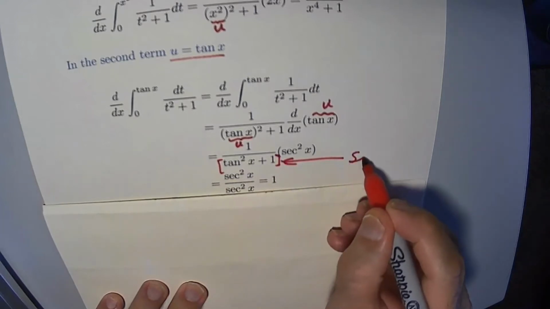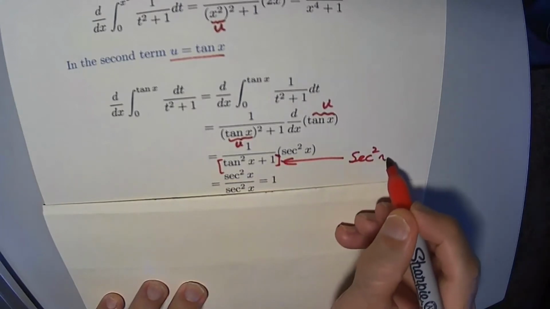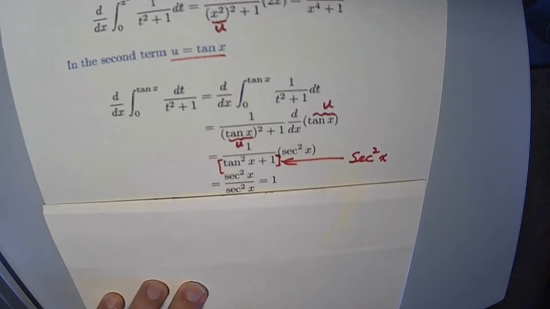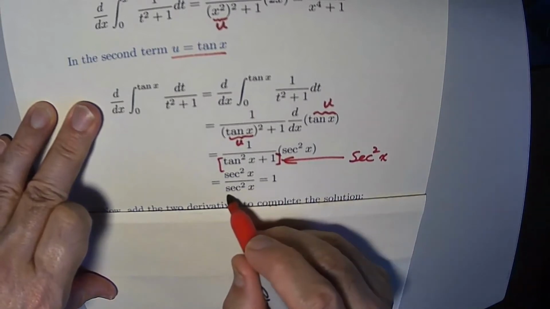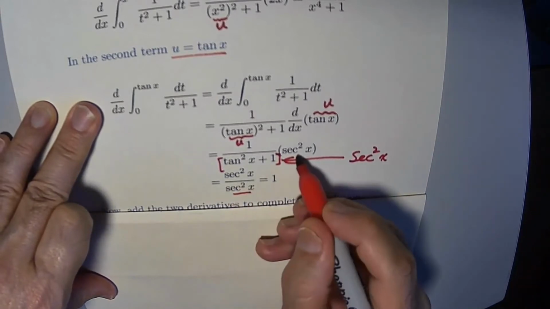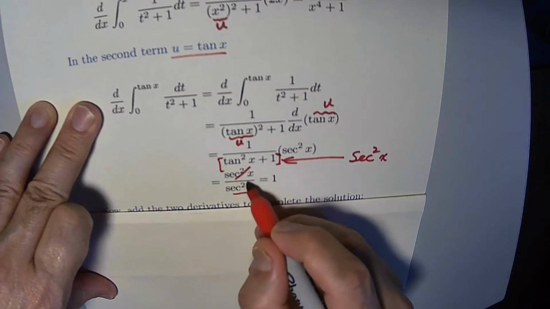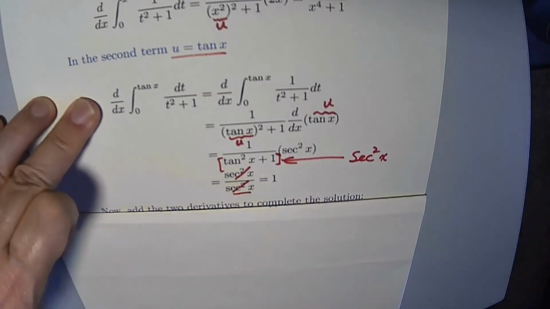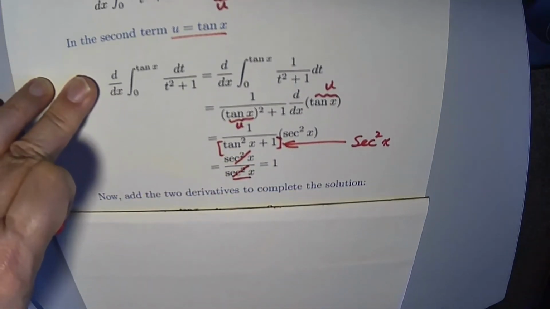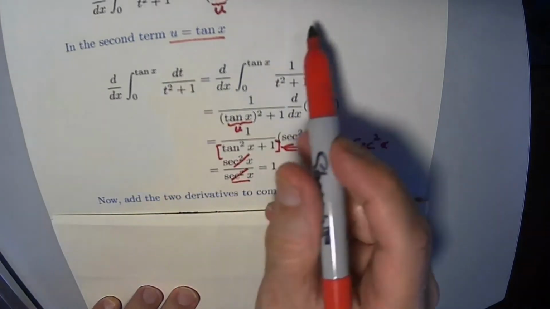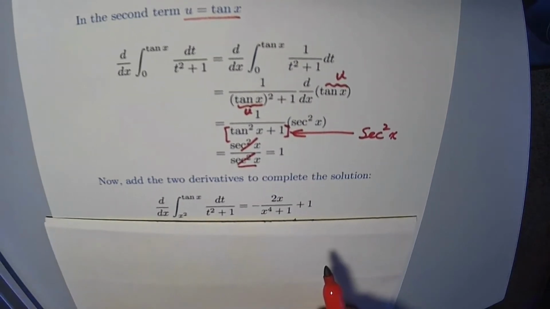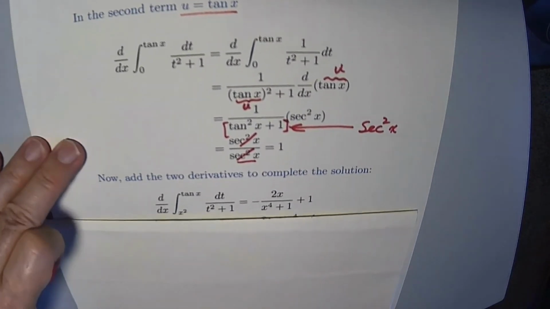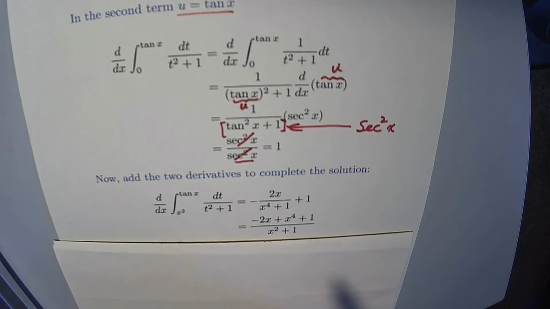Tangent squared plus 1 works out to secant squared, and if I put that down here, I get to cancel with the secant squared in the numerator for an answer of 1. Okay, I add that to the negative of the first term to get the answer to the problem, and if we combine the fractions, we get the final answer to the problem.